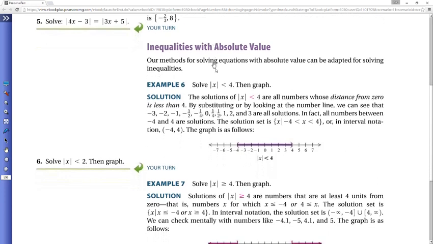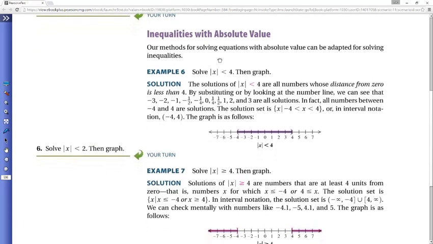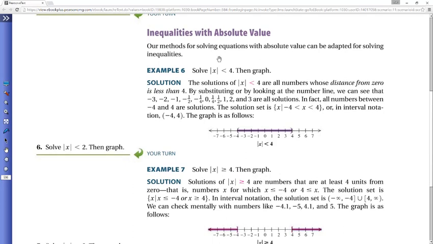Now inequalities throw another couple of curves into these absolute value scenarios, right? Let's look at a couple of examples here, and they're going to show us a couple things that can happen, or always happen, really. The first one they look at is when we have a less than.